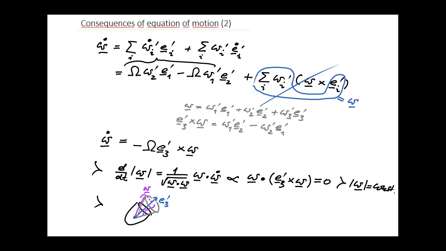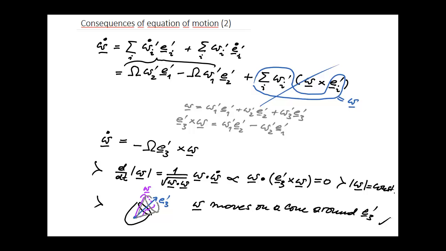So omega must necessarily lie on a cone around the figure axis. So if omega changes in time at all, it must move on a cone around E3 prime. So omega moves on a cone around E3 prime. This is conclusion number 2 from the equation of motion.